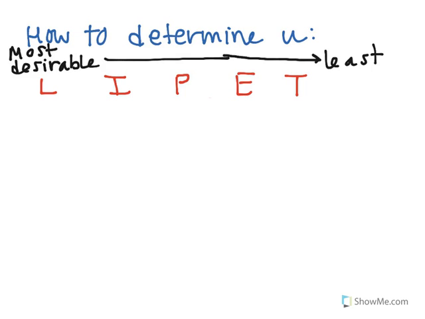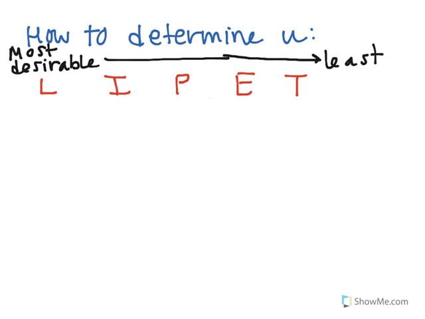So how to determine u? There is a fancy thing called LIPET. Each of the letters stands for different things that help indicate what you should make u.